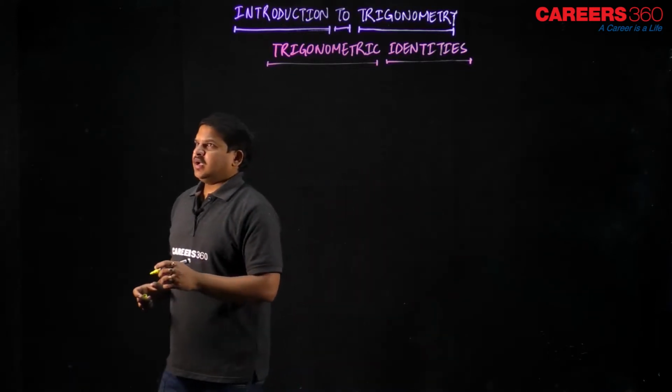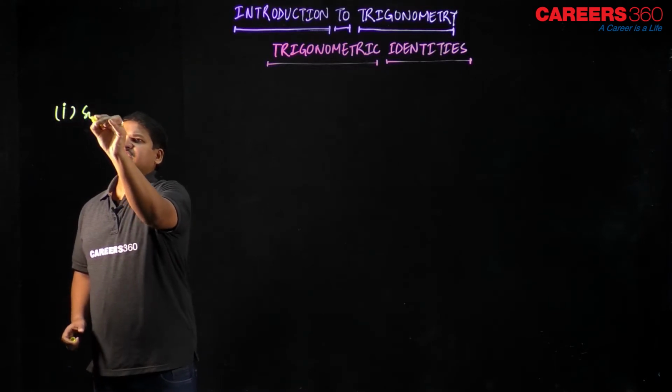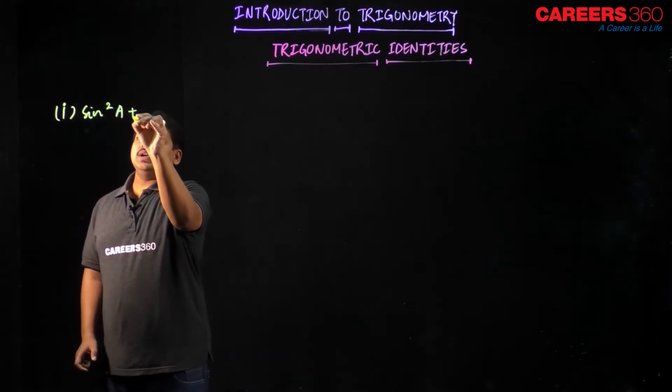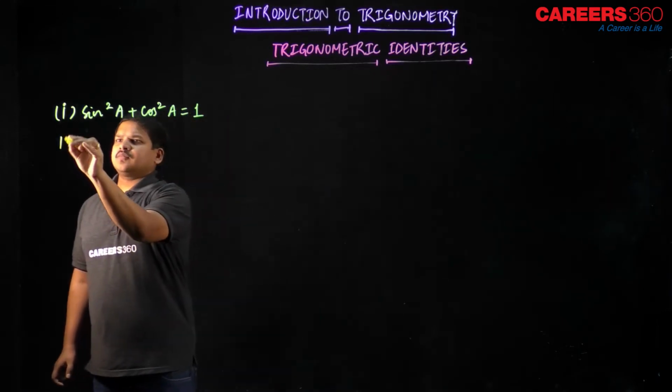Now in trigonometry we have three identities. First one is sin square A plus cos square A is equals to 1.